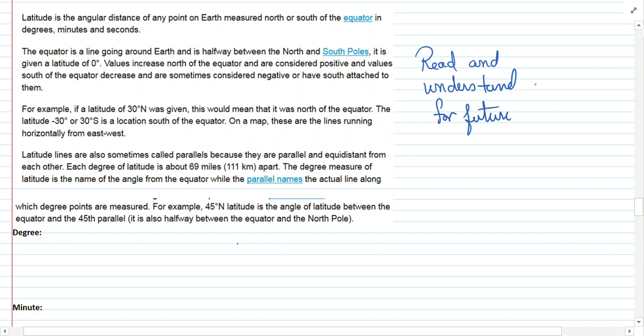Now, I'm not going to read it to you, but you're welcome to do so. It's pretty interesting how it happens, and you always hear of latitude and longitude, and we'll be covering that in some word problems later on.